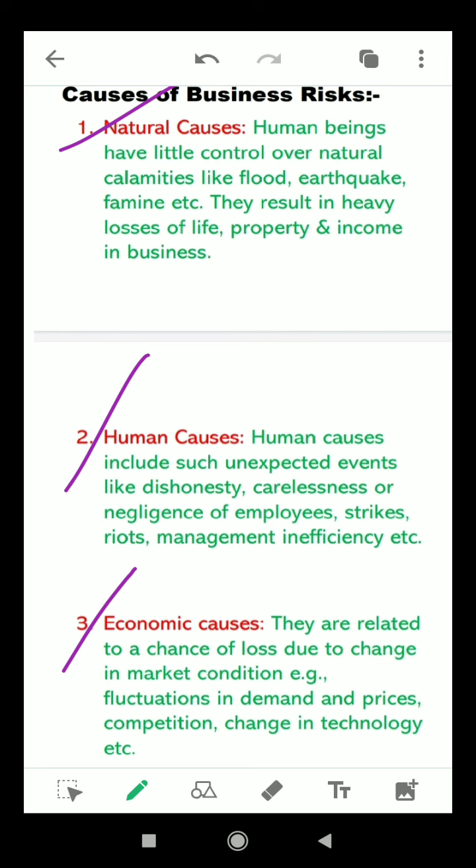And the other economic causes may be like fluctuation in demand or more competition or wages rises or inadequate supply of raw materials, etc. So all these factors lead to business risk.